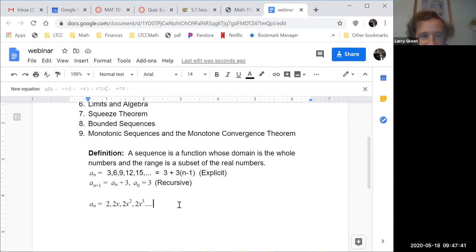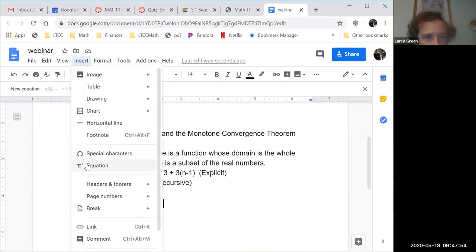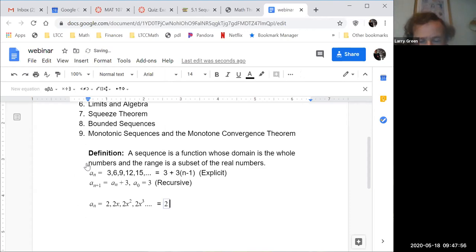Now we can write this as a function of x, equal to 2 times x to the n. Again, n starts at 0 here. You could also do this recursively.